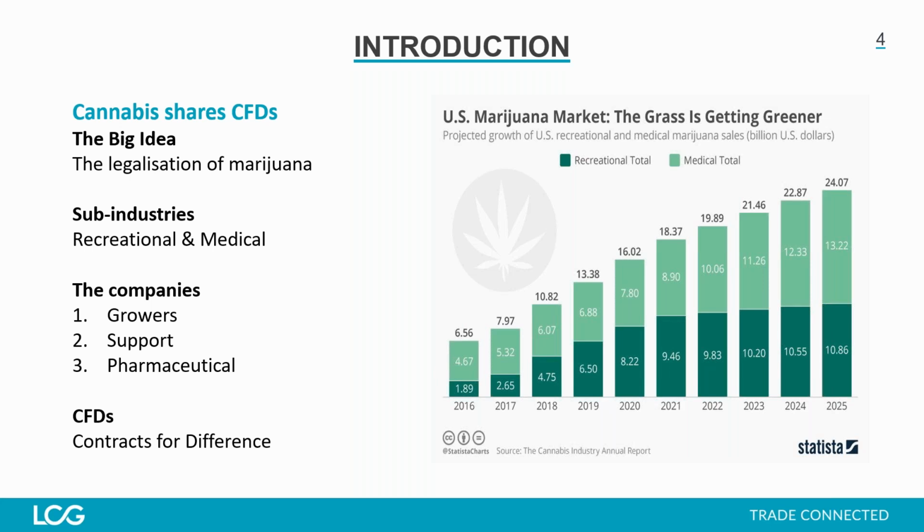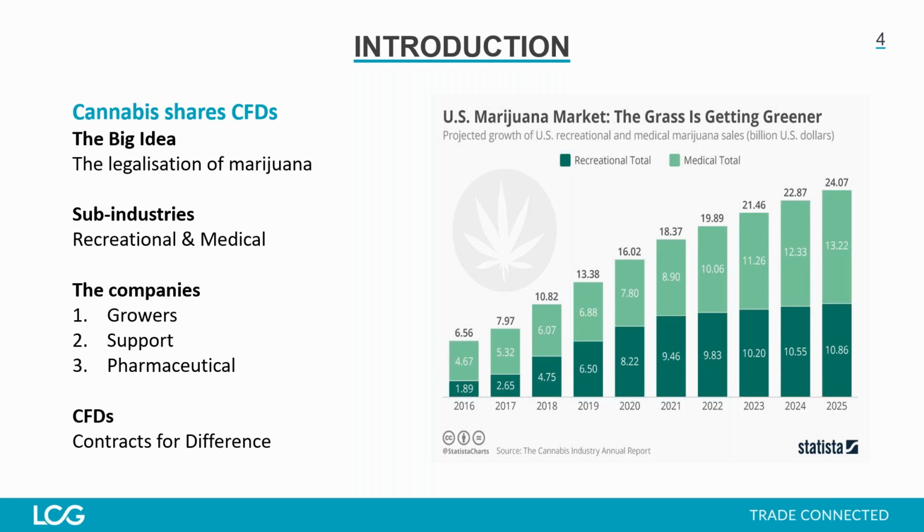And then I think most of you are probably aware, particularly the LCG traders, but CFDs are contracts for difference. So when you're trading CFDs, the key thing to know here is that you're not trading the actual shares.